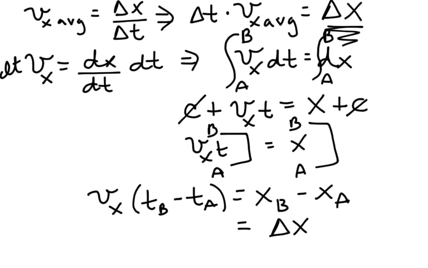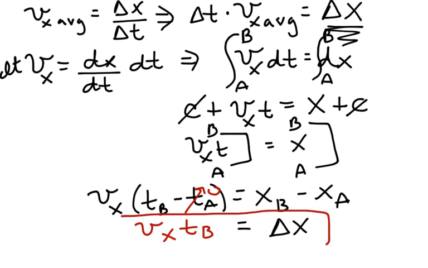If we started at a time of 0, then my t sub A just becomes 0, so that goes away, and I'm left with v sub x multiplied by t sub B, which gives me my displacement. Now again, we're going to be talking a lot more about antiderivatives and integration, but I thought this was a good time to introduce this to you.